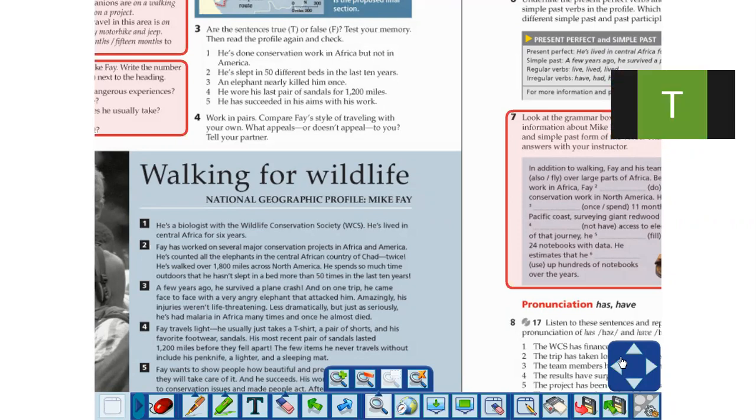He is a biologist. He's a biologist with the Wildlife Conservation Society. He has lived in Central Africa for 6 years. Fay has worked on several major conservation projects in Africa and America.